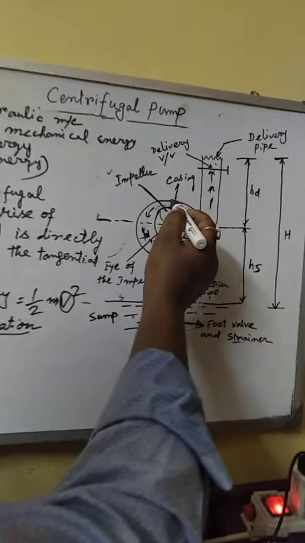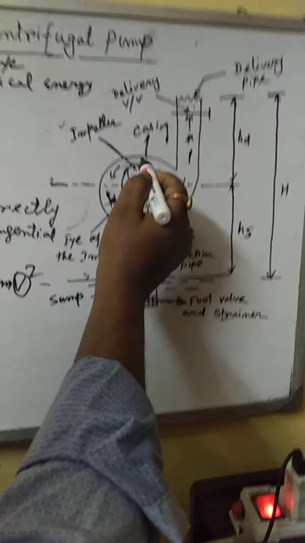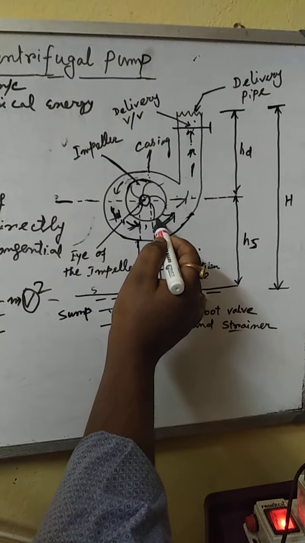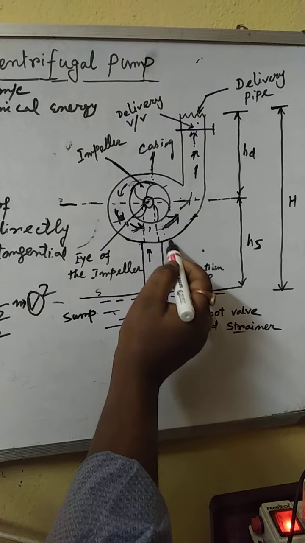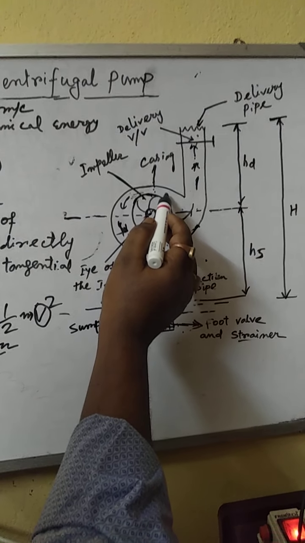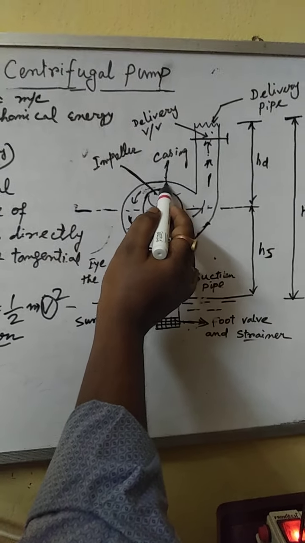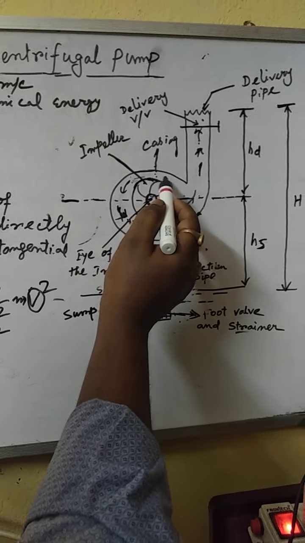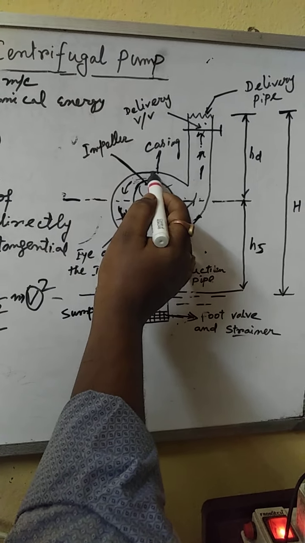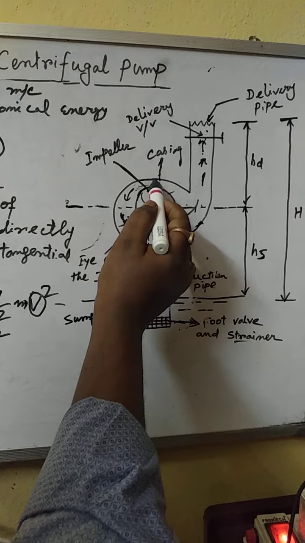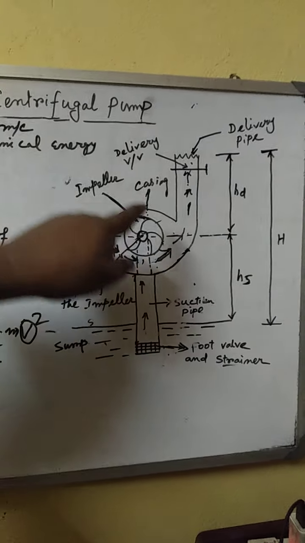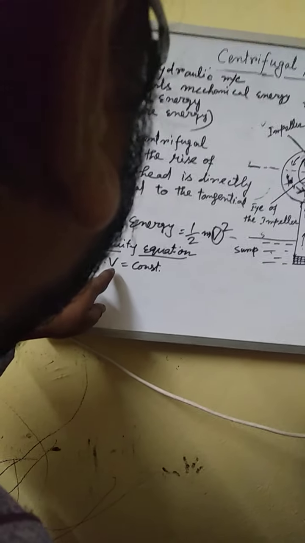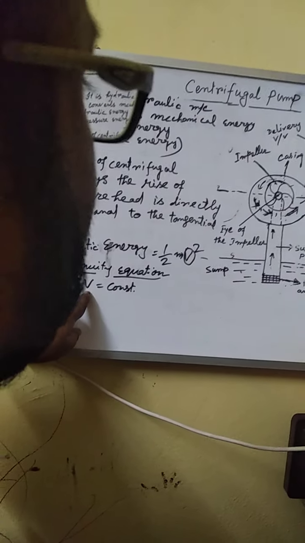Here in this way, at this point the area is smaller than at this point. When water moves from the smaller area, the velocity will be greater.